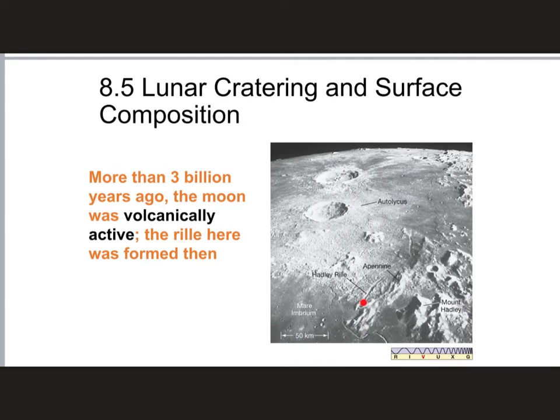So you can see here is the Hadley Rill, which is almost like a canyon. It's just a channel. And here are the Apennine Mountains. This is another place where later, we all know about Apollo 11, Neil Armstrong landing on the surface of the moon. Some of the later Apollo missions landed in this area, and they explored Hadley Rill and the Apennine Mountains, and it provided some very breathtaking pictures of the surface of the moon.